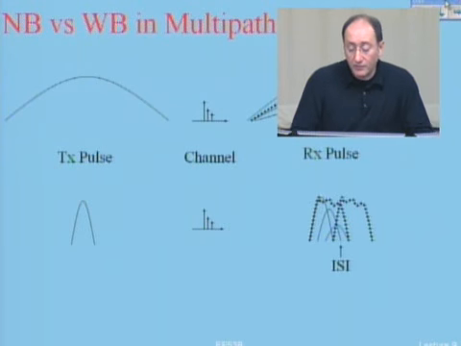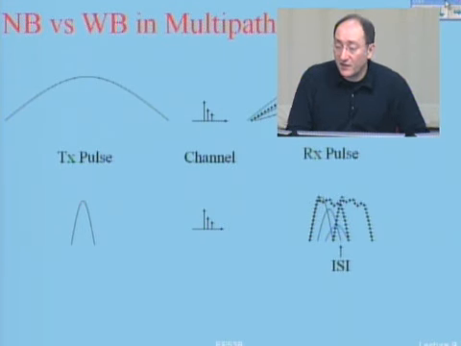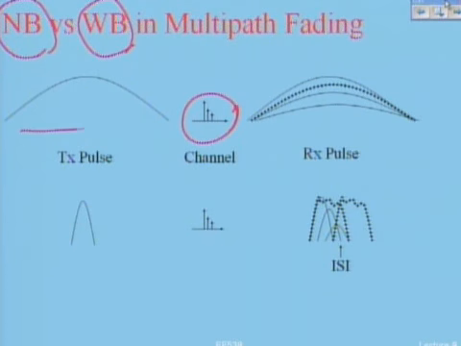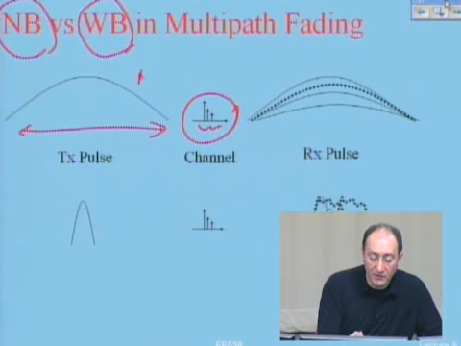Basically, if you remember, I had this figure last time. Perhaps I sketched it by hand. I had this comparison between narrowband and wideband. If I have a channel like this, if I have narrowband communication, means that my pulses are very wide with respect to the spread of the channel. Okay, this is narrowband communication.